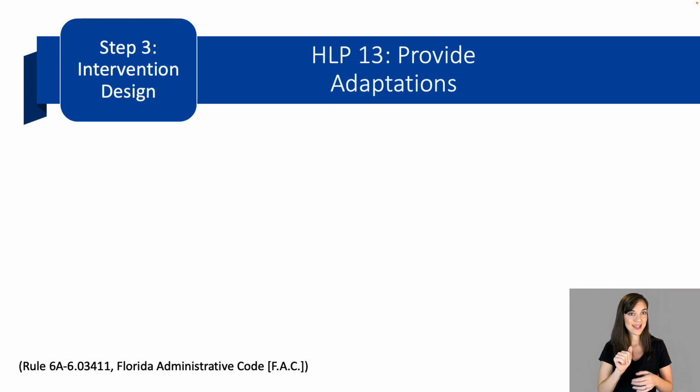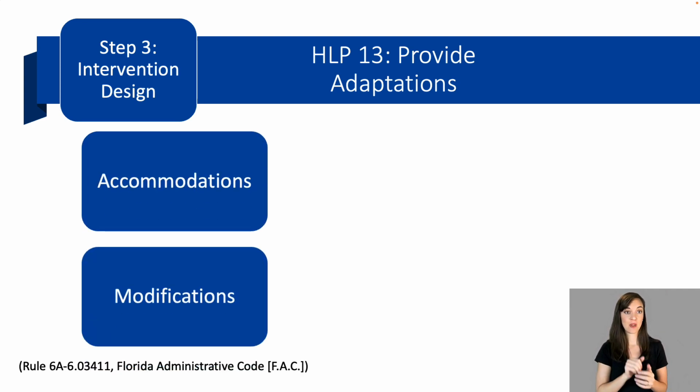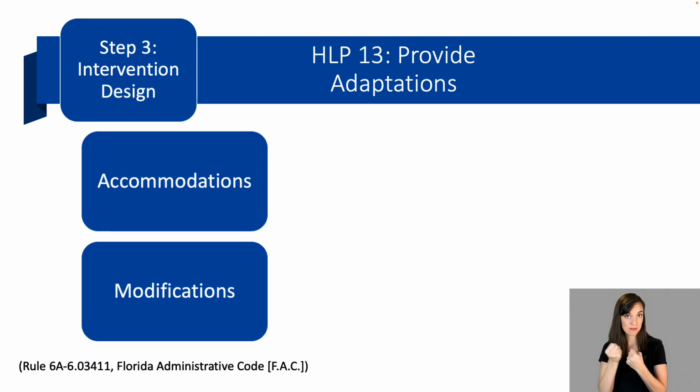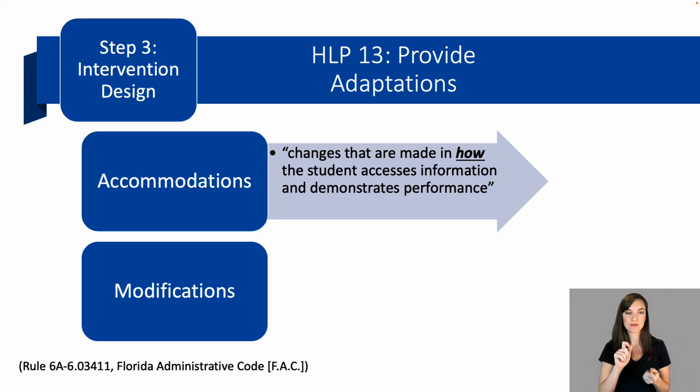Now, let's talk about providing adaptations to the task or materials to achieve the specific goal you put in place. There are 2 types of adaptations: accommodations and modifications. Accommodations are changes that are made in how the student accesses the information and demonstrates performance.